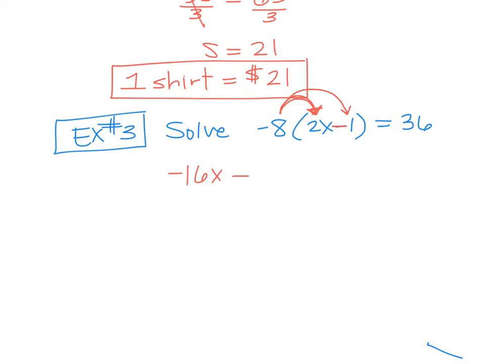So if we're subtracting already, then it's a positive 1, right? We're subtracting a positive 1. So negative 8 times 1 is negative 8. And then minus a negative is plus a positive. Or you can look at it as negative 8 times negative 1 is a positive 8. So we would say negative 16x plus 8.